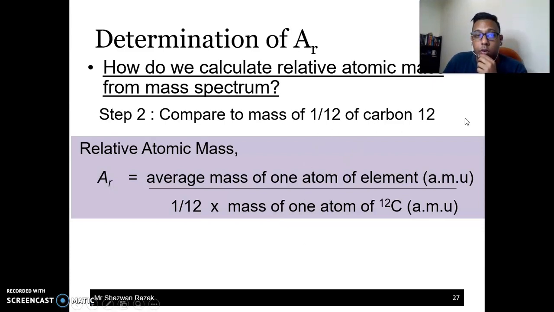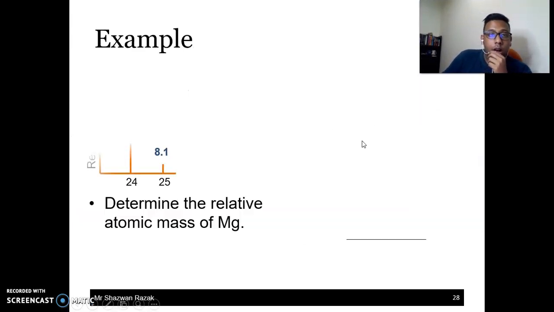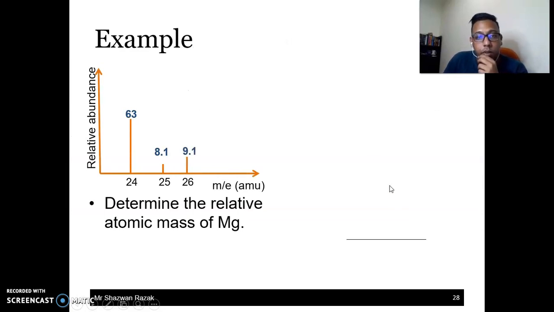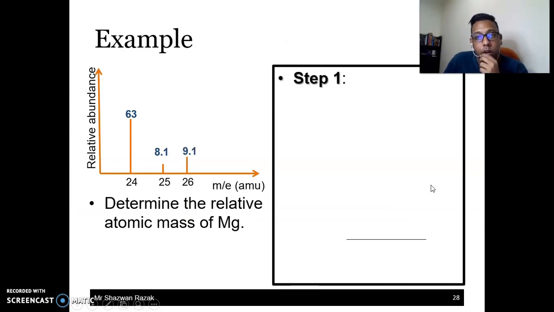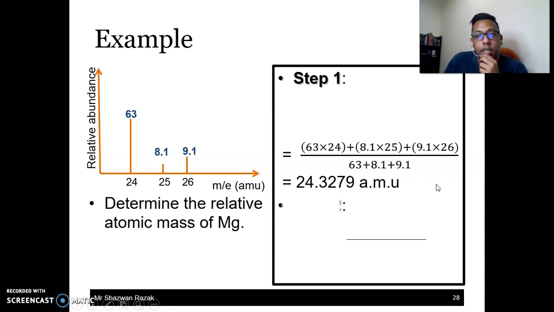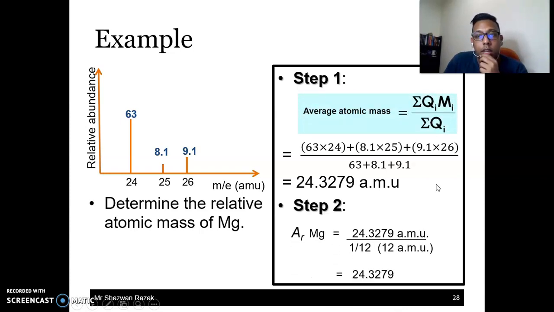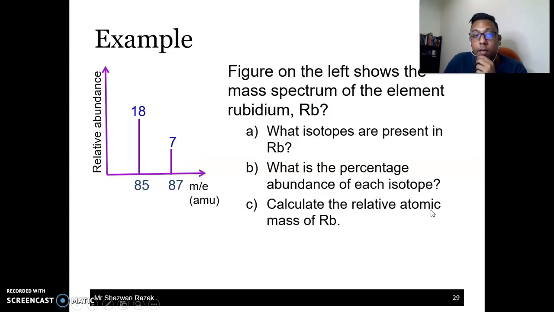Now, how do we calculate this? It is very simple. First, we calculate using the formula. Second, we compare with carbon 12. This is the same as the previous video. Okay, for this example we actually do not need to calculate.